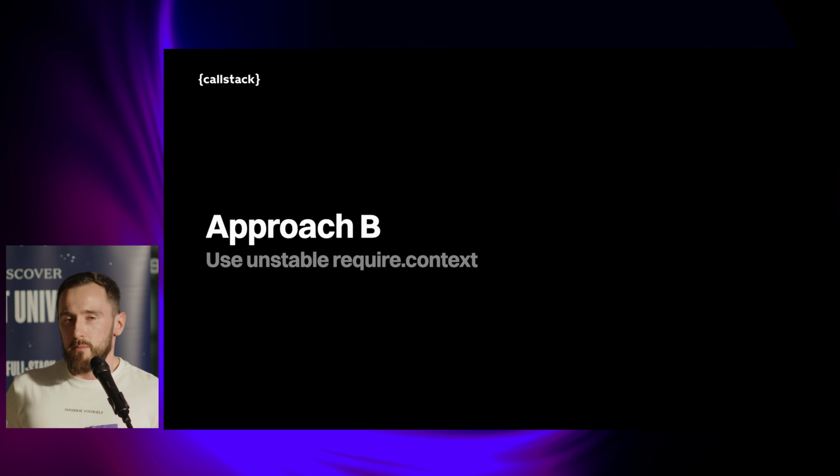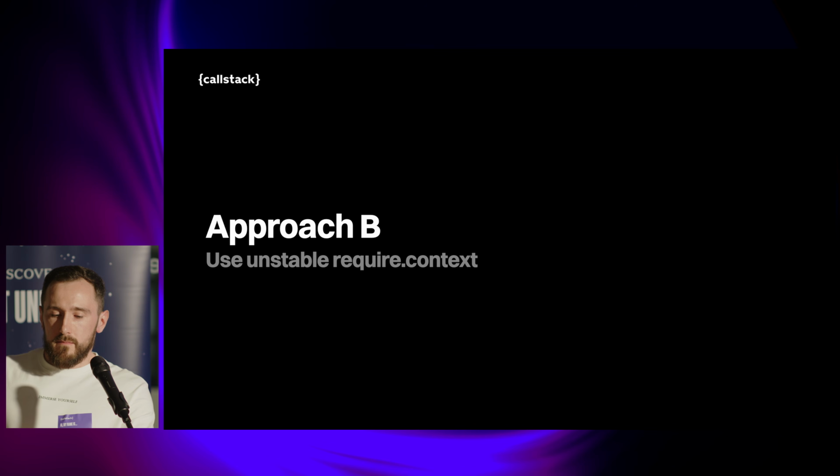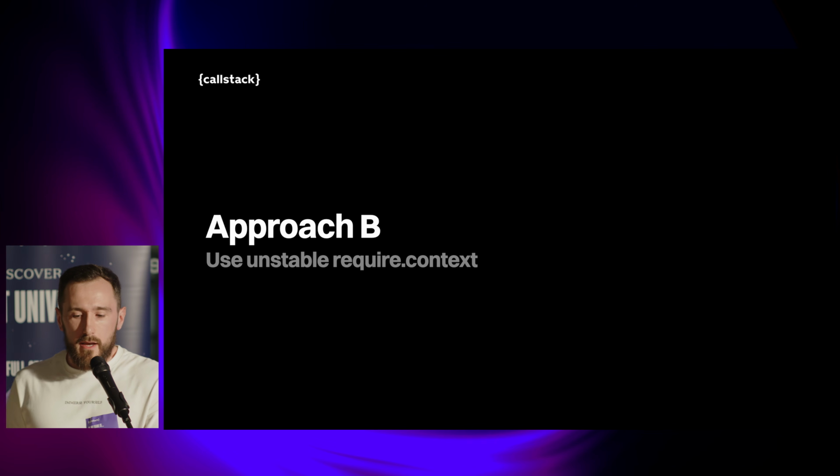There's an unstable method called require.context, which essentially replaces my whole custom implementation with Watchman with a single call. It makes it possible to scan whatever directory you like and have all those modules inserted into your final bundle, and you can obviously import those modules at runtime.